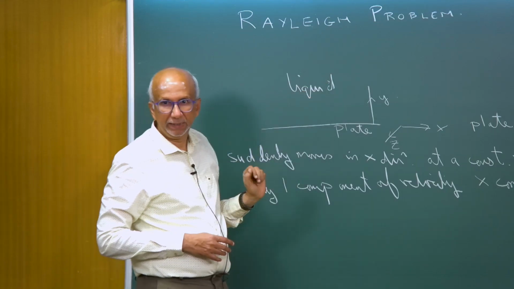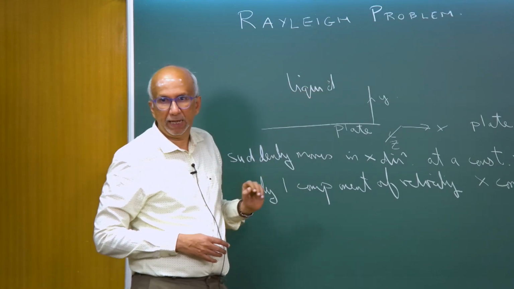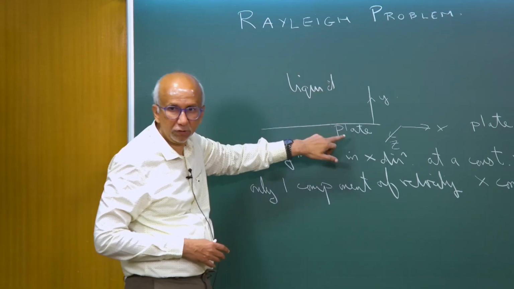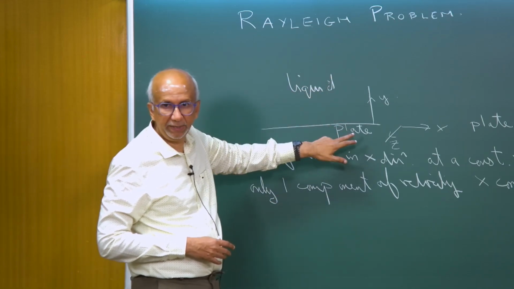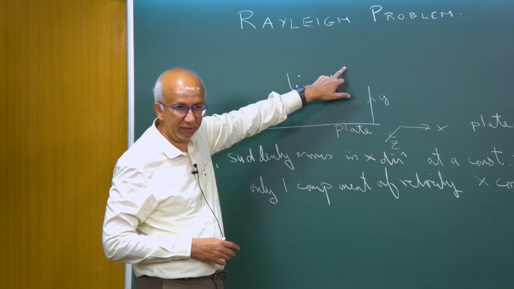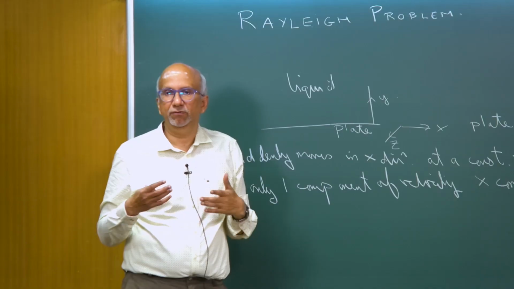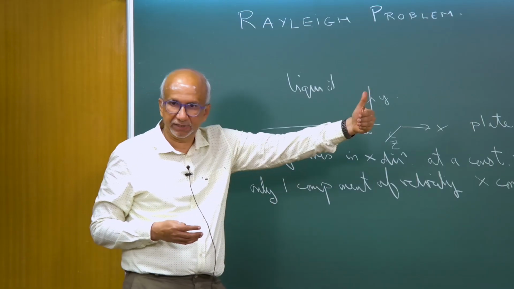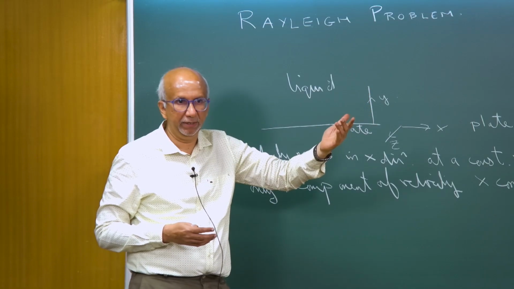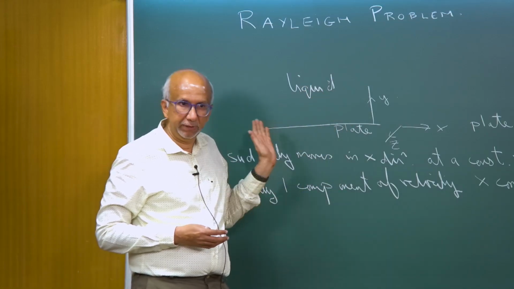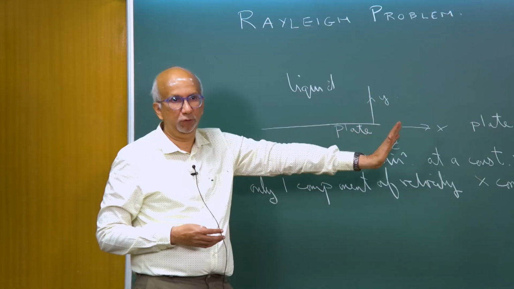Okay. The other important thing is, as far as pressure is concerned, there is going to be a hydrostatic pressure gradient. Okay. There is going to be a pressure difference in the y direction, but that is not the direction in which the flow is occurring in the x direction. So, although there is a pressure gradient, the pressure gradient is in the y direction, but does it affect the flow in the x direction?